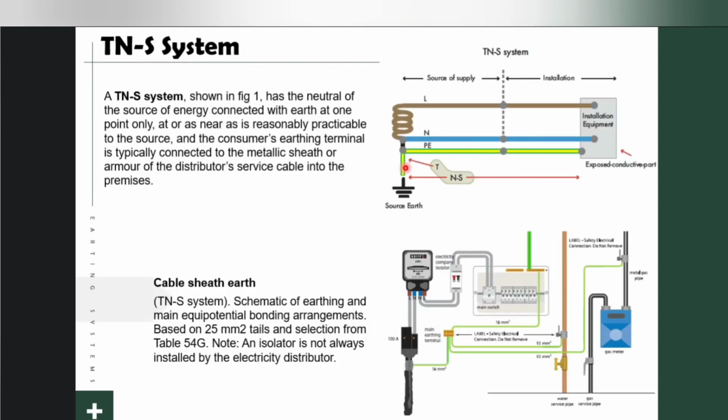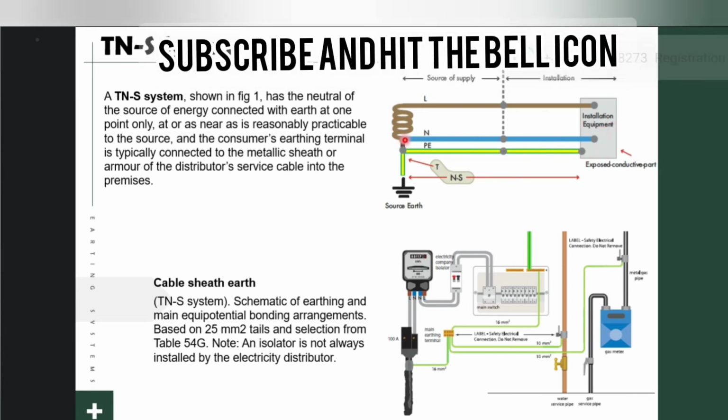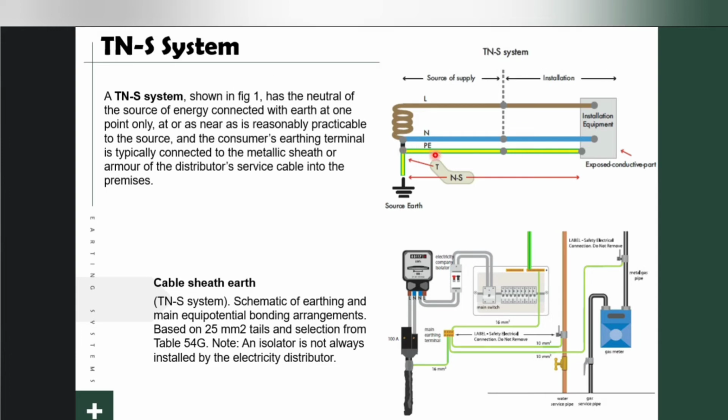See here, if we want to talk about the TN-S system, we make earth near the source, and I take the line and neutral to the installation equipment, and here I make a connection between the neutral and the protective earth. Also I take this protective earth directly to the load.